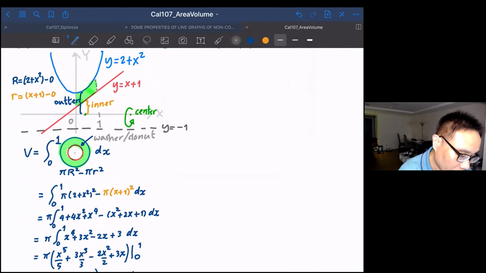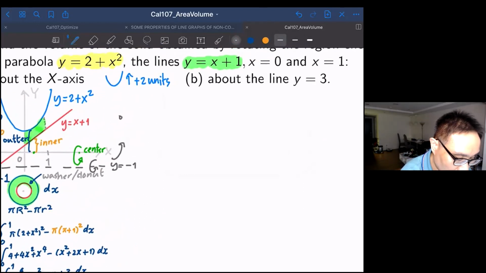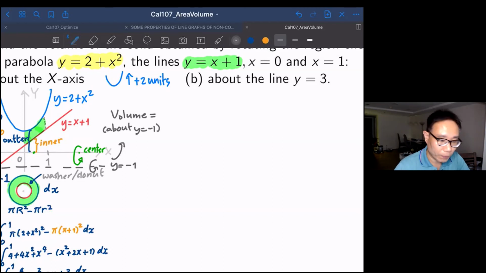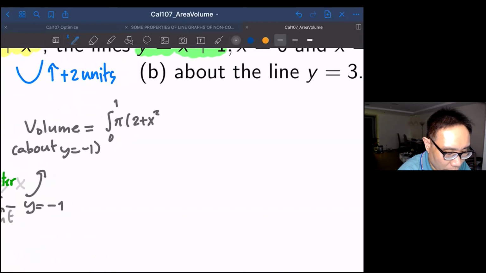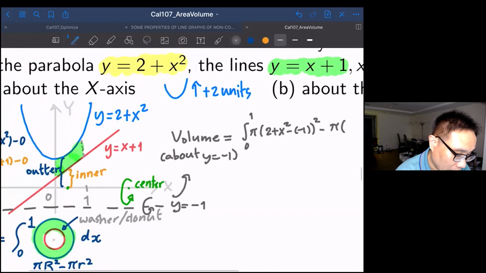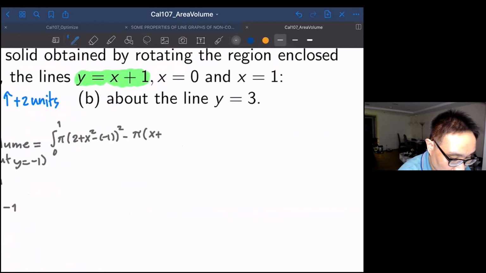So if you rotate this guy about the line y equal to negative 1, the volume is going to be integrate 0 to 1 of pi times (2 plus x squared minus negative 1) squared minus pi times (x plus 1 minus negative 1) squared dx.